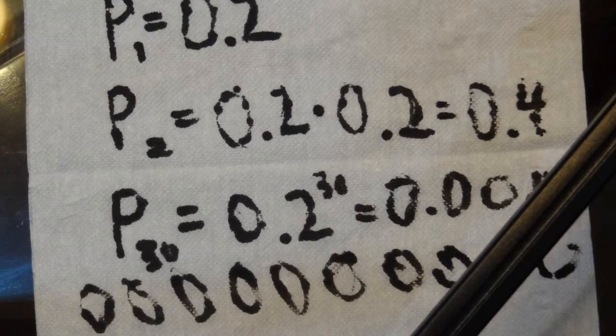Using this logic, the probability of getting all the questions right is equal to 0.2 times 0.2 times 0.2 times 0.2, all the way to 0.2 to the 30th power, which is, of course, a very small number. In conclusion, you are very likely to fail the test if you guess only one answer.